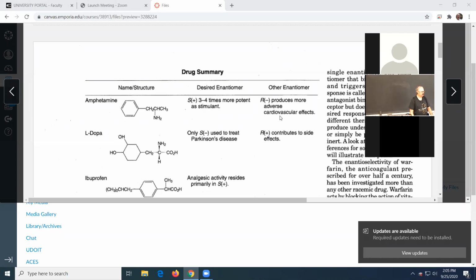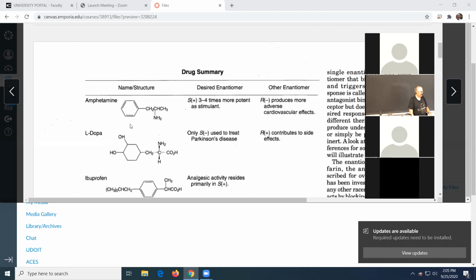The R minus also produces adverse cardiovascular effects. I don't think amphetamine is used as much as it used to. It's also called dexedrine. It's used to treat hyperactivity, ADHD, and also sleep disorders like narcolepsy.